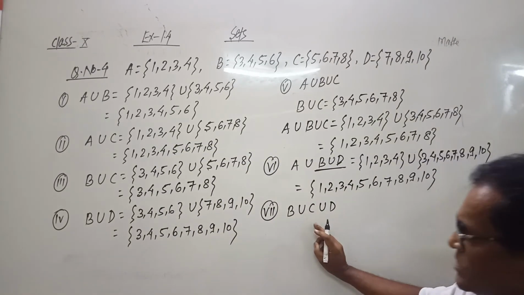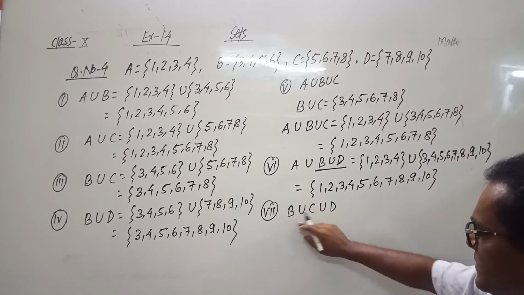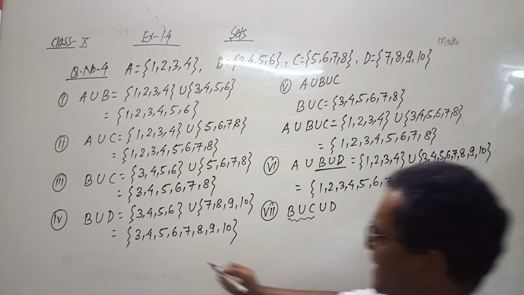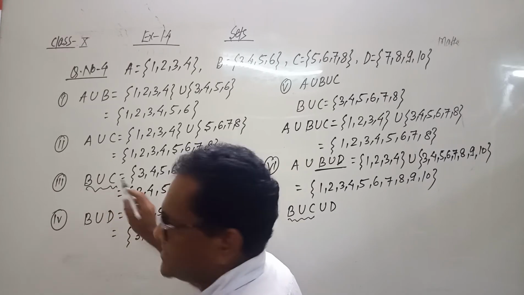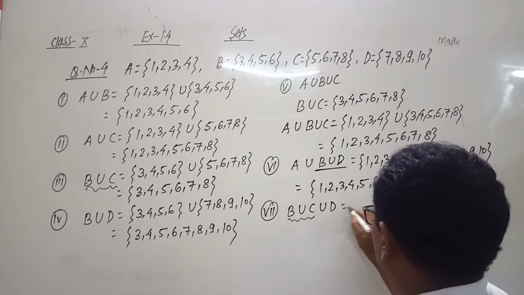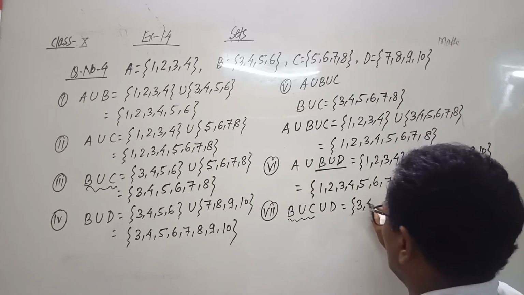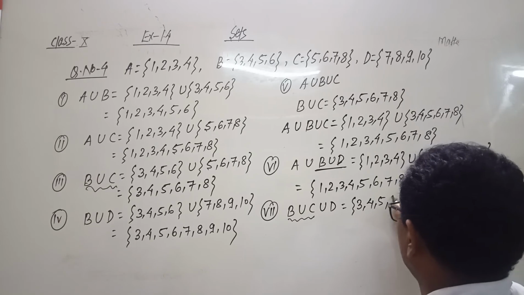So C union D. B union C we have calculated. So write the value of B union C. The value of B union C is 3, 4, 5, 6, 7, 8.